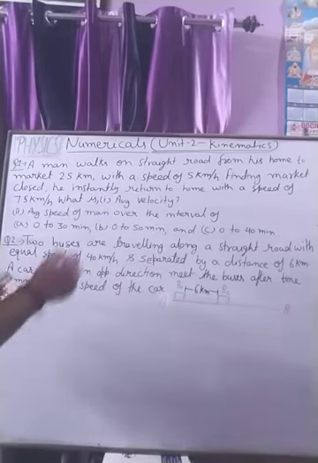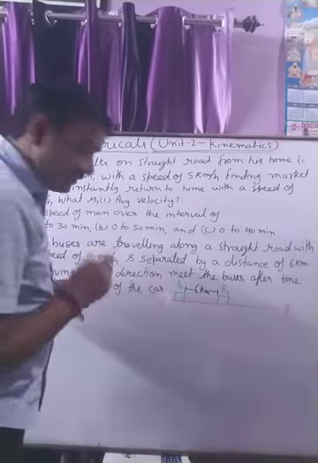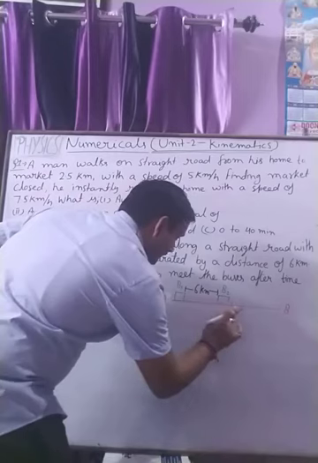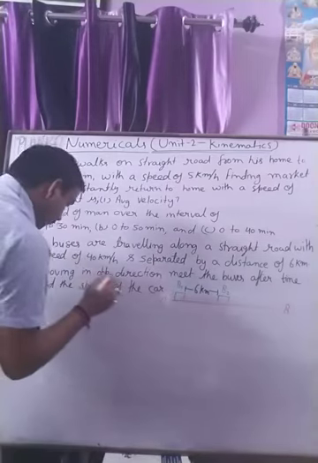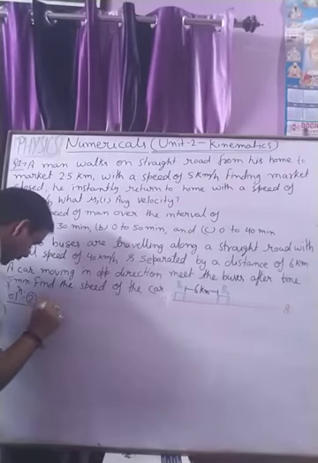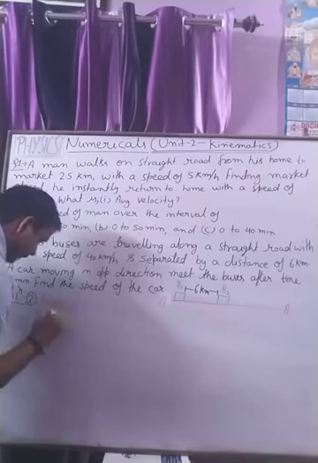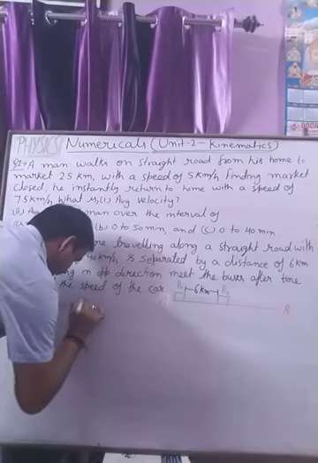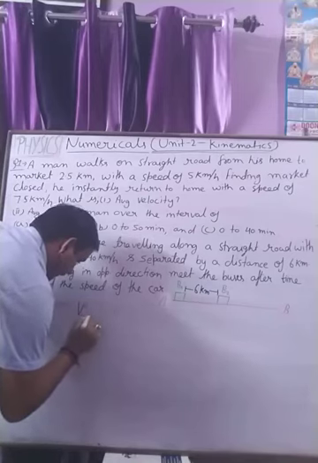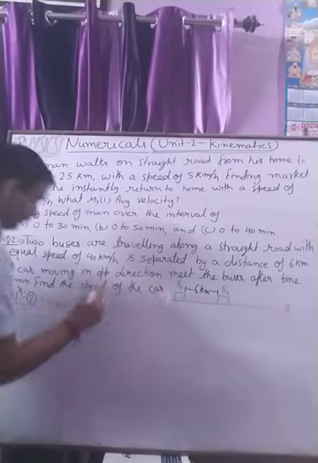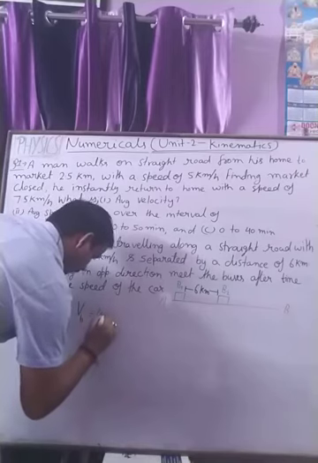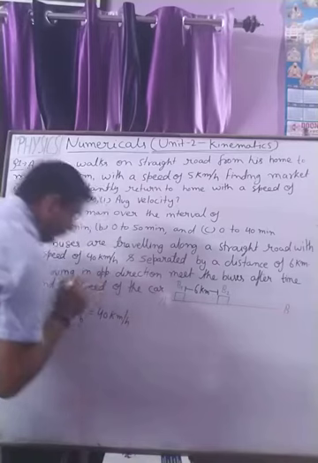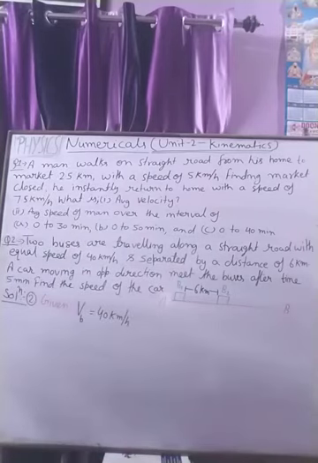Okay, this is the distance between the two buses, and both the buses move with a speed given as, speed of bus, we say VB, is equal to 40 kilometers per hour, speed of both buses.